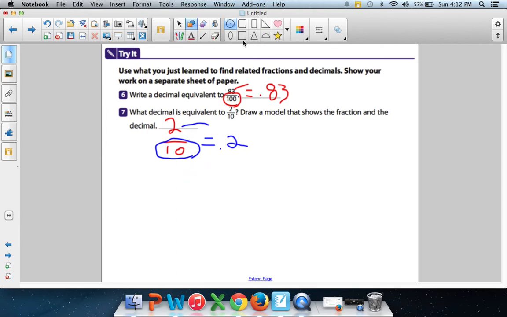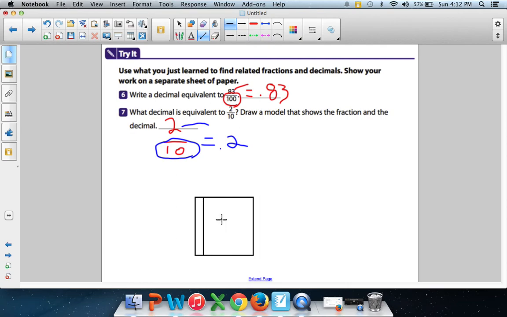Alright, let me put a little box in. Making a fraction model. You can draw it, and I will use the computer to kind of draw it, but I'm not really drawing it because it's a computer and it's doing the work for me. Alright, and then we cut through the middle. There you go. There's 10 pieces.